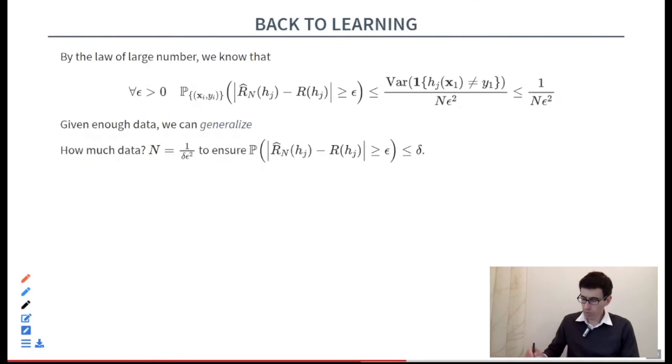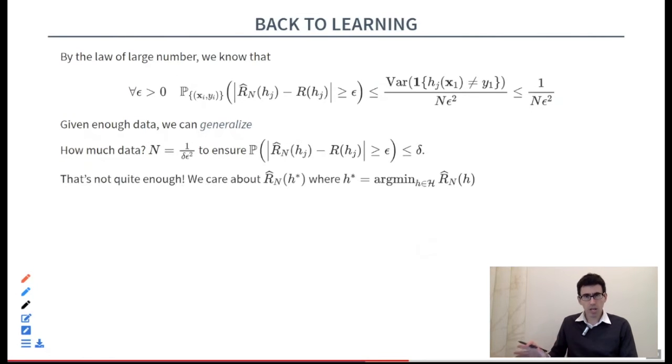And you can see from the bound that we just established that the number of data points that you need to meet that requirement of that probability being less than delta is 1 over delta epsilon squared. And it's actually a fairly natural result to read. I don't know if it's natural to prove, but it's very natural to read. It's telling you that if you want epsilon to be small, the number of data points that you need is going to blow up. If you need delta to be small, the number of data points that you need is going to blow up.